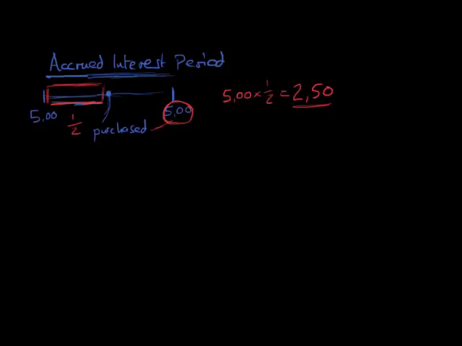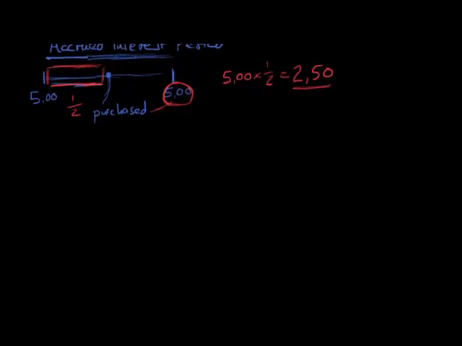So in practice there are two different day count conventions. We've got actual, and we've got the 30/360 convention.